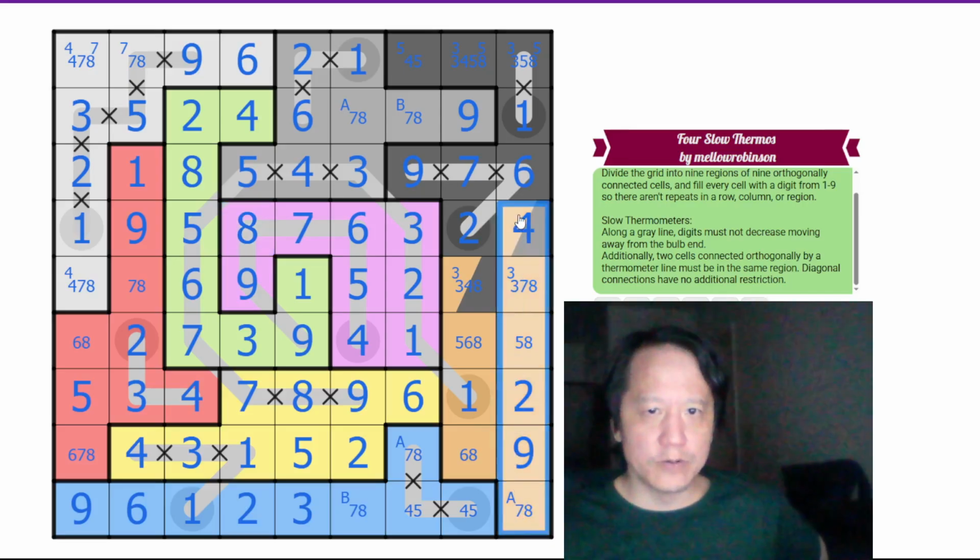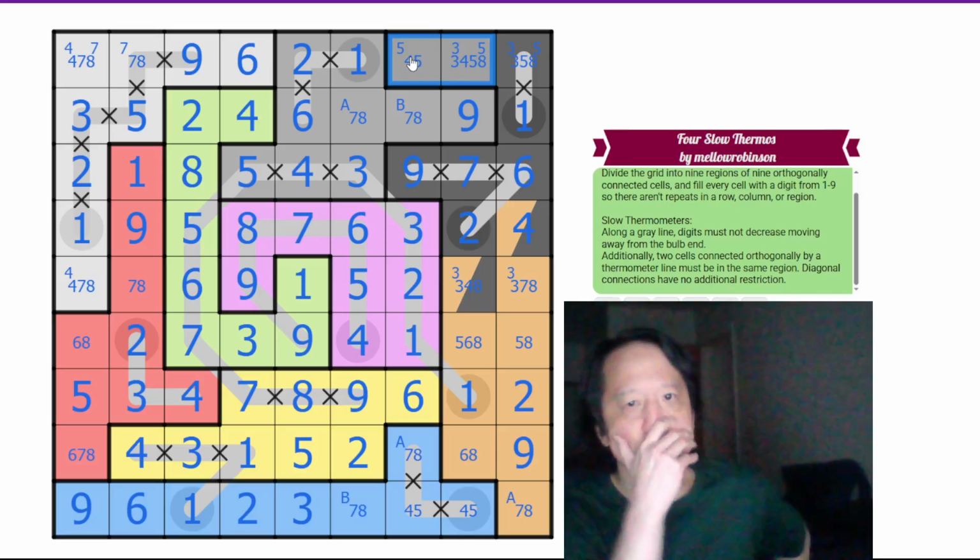A is in the orange region. So where is A in the dark region? It could be here, here, or one of these 2.